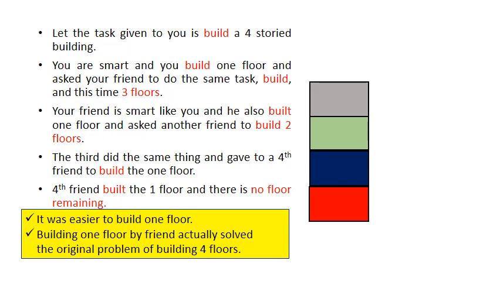Now each individual completed one floor, and eventually all the 4 floors were completed. Therefore you can see it was easier to build one floor, and building one floor, as I mentioned, one floor by one friend actually solved the original problem of building 4 floors.